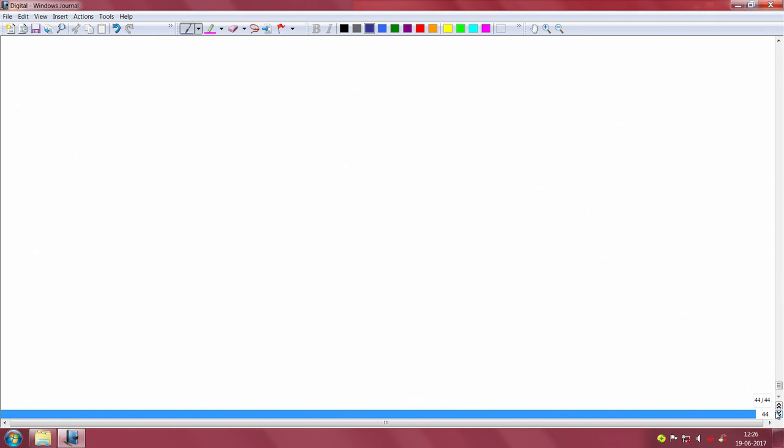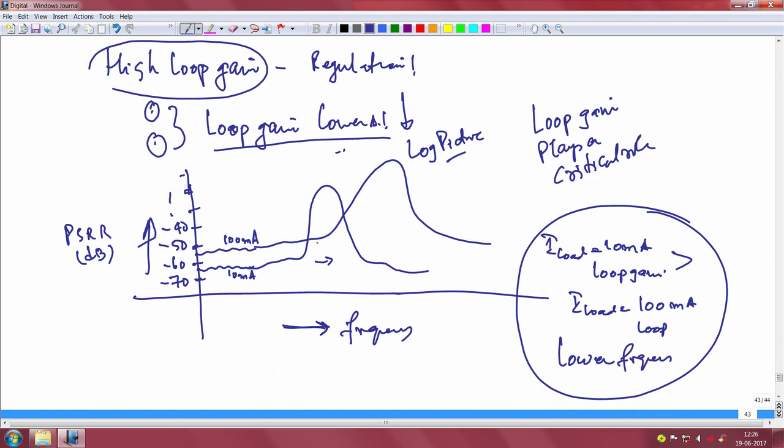So all this clearly shows that LDOs have finite bandwidth. In fact this is a clear indicator, right, this picture itself tells you, you can see that PSRR is reducing because you are going closer to 0, this is minus 30, minus 20 and so on.